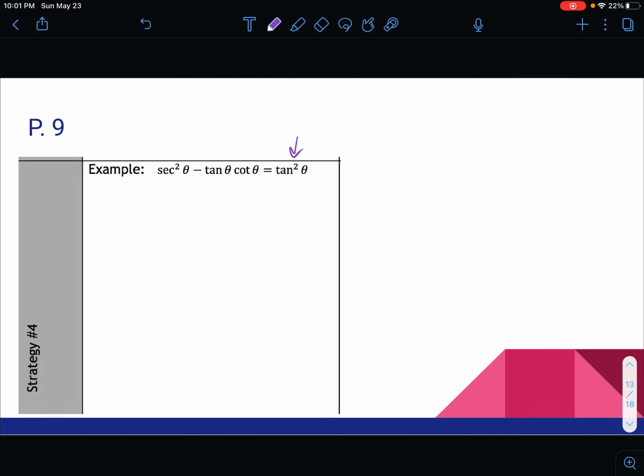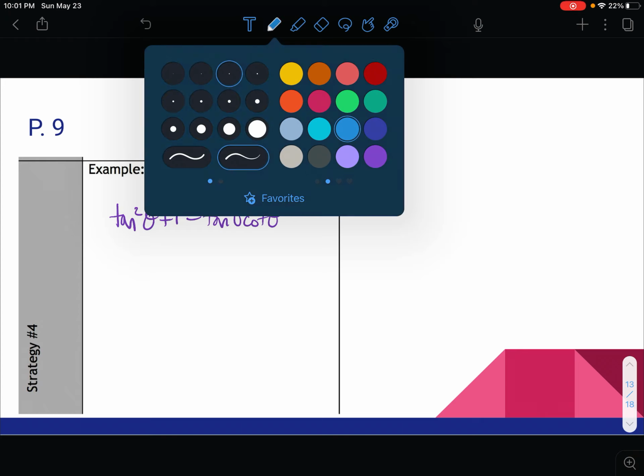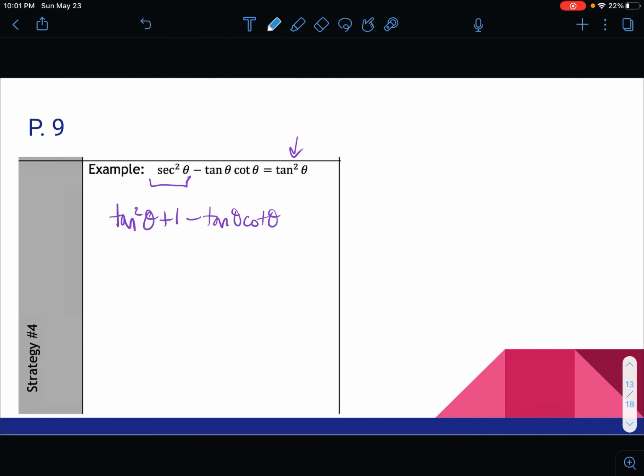So I'm going to do a little substitution here. We're going to put in tangent squared theta plus 1, or 1 plus tangent squared theta, doesn't matter, minus tan theta cotangent theta. And our reason for this is going to be Pythagorean identities. And that's what our strategy is here.